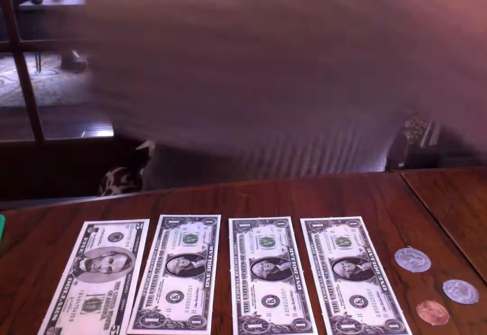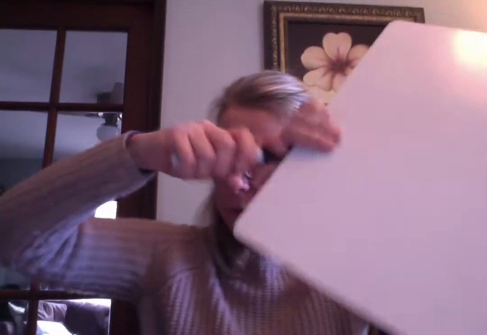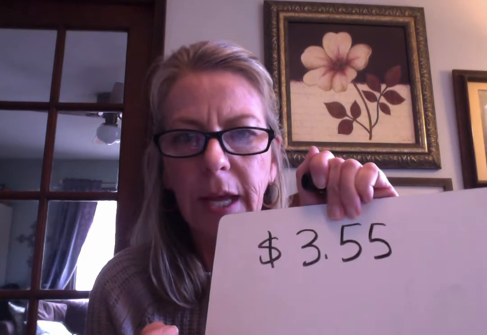Okay, let's do a little review on adding and subtracting money. So let's do a couple examples here. So let's add $3.55. Why don't you go ahead and write this in your math journal and we'll do it together, okay?